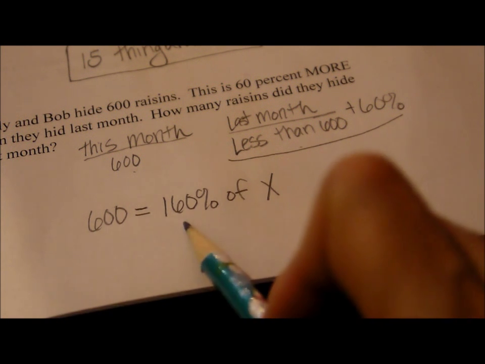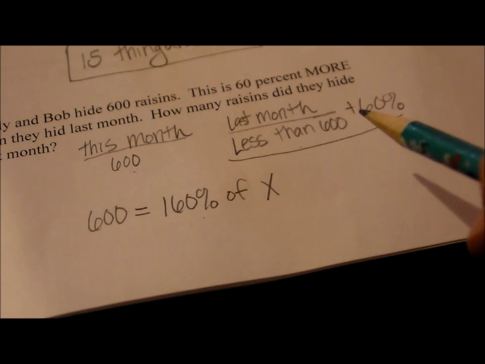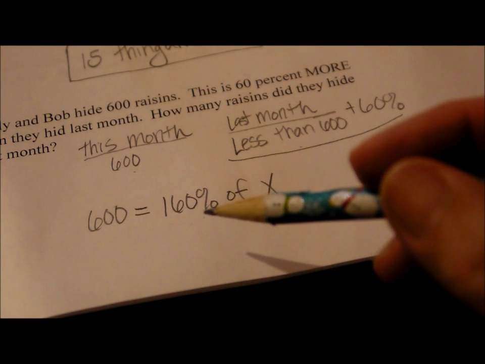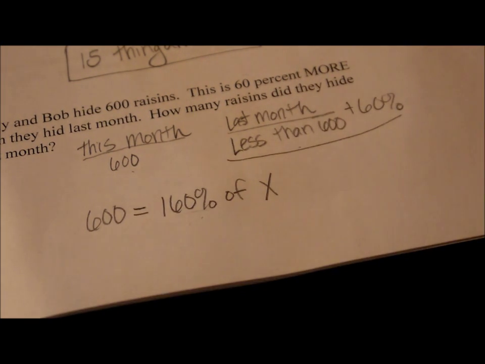So we're going to say 100 together, that makes 160%. Now the book does a diagram. I don't really understand their diagrams, so that's why I don't use it. But go ahead and look at that in the book and see if that will help you out if you're totally confused on where we got 160%. This probably is one of the most difficult things to teach in the way that this book does it. So if you feel a little confused, that's okay. That's not going to happen very often this year with this book.